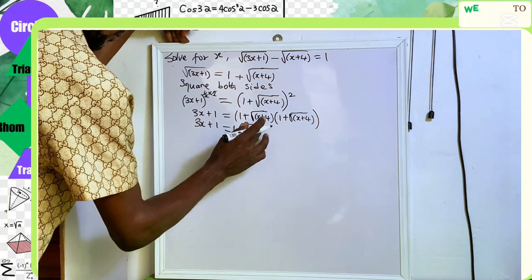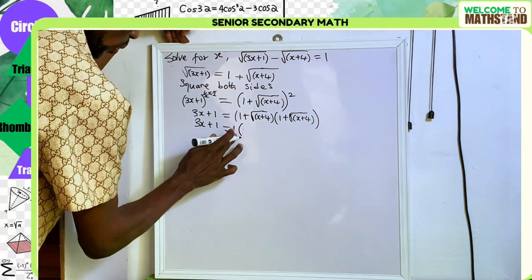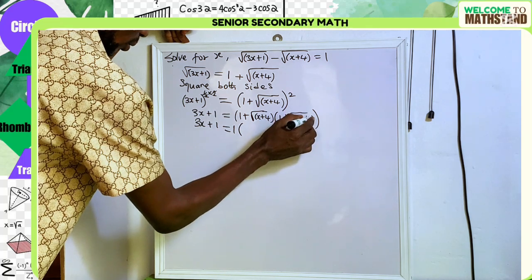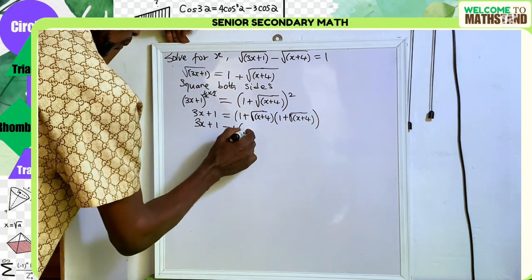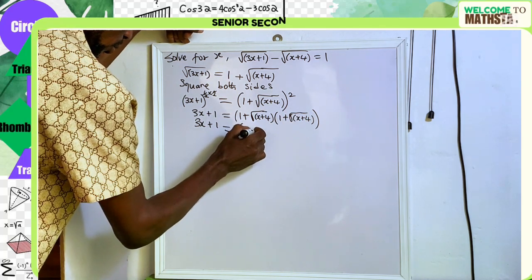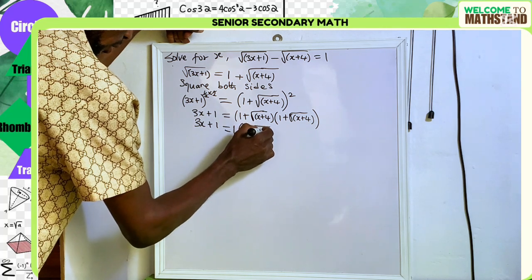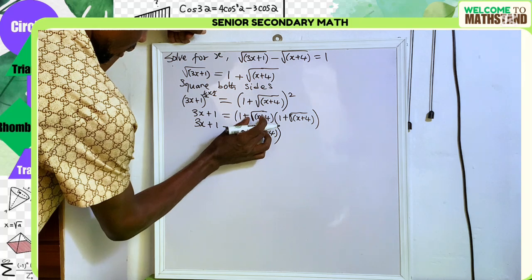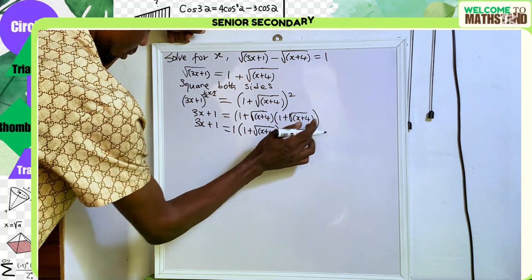Sorry, this is 1. This is the 1 from here. Then we use it to multiply all these things here. So we have 1 plus square root of x plus 4. That's the first one. Then we also take the second one here and also multiply everything here.